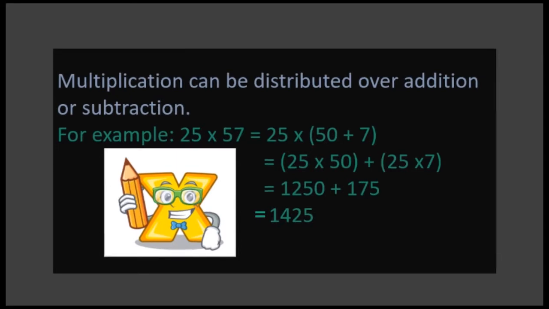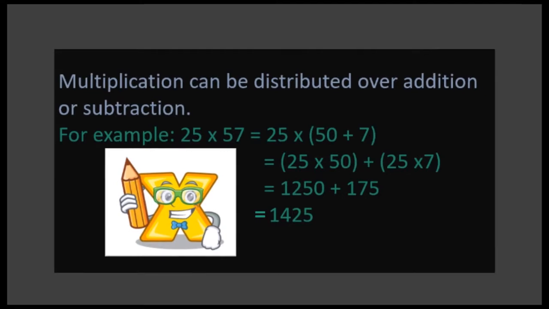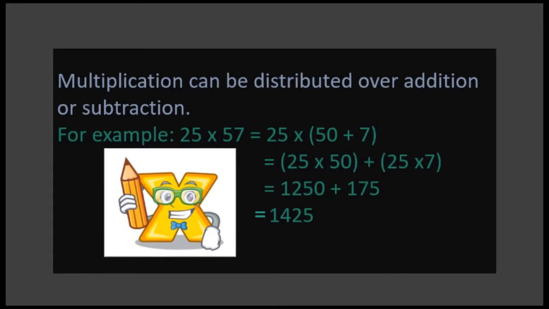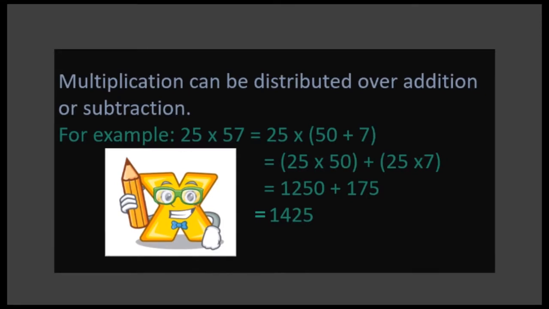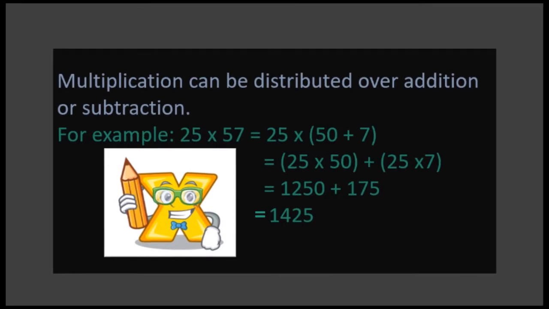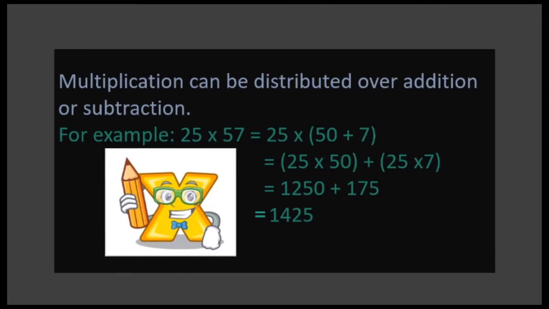Now the number outside the bracket, which is 25, is to be multiplied with the numbers inside the bracket. Hence it would be 25 times 50 plus 25 times 7. Now when we solve the brackets, 25 times 50 gives the answer as 1250, and 25 times 7 gives 175.